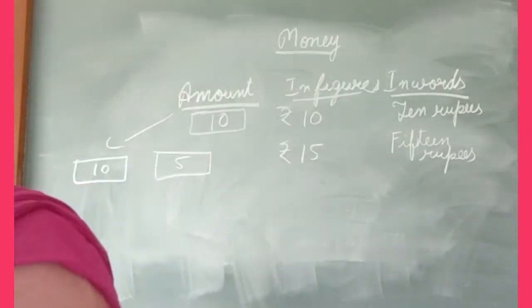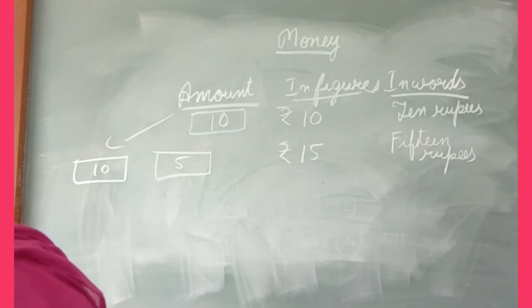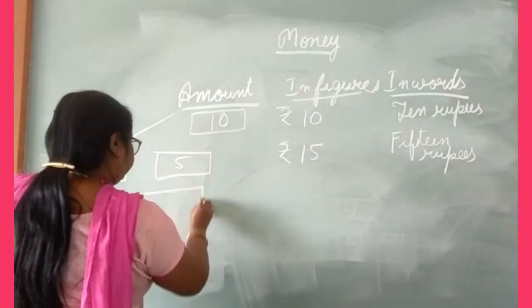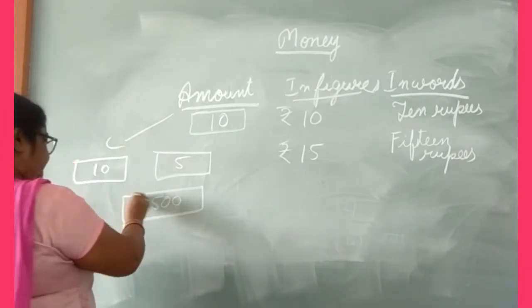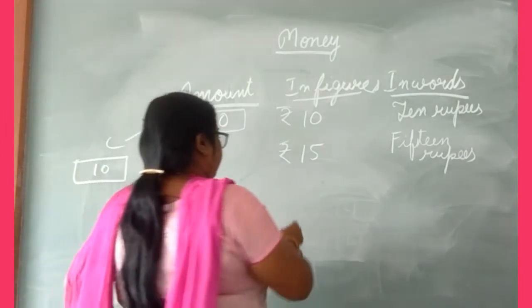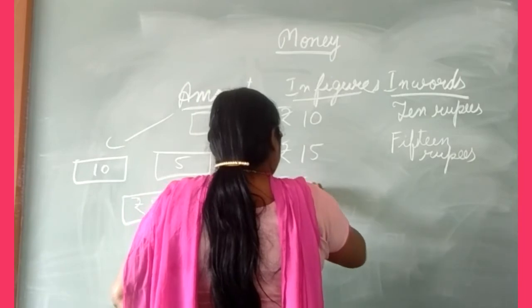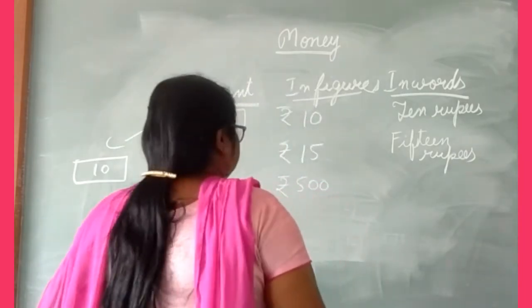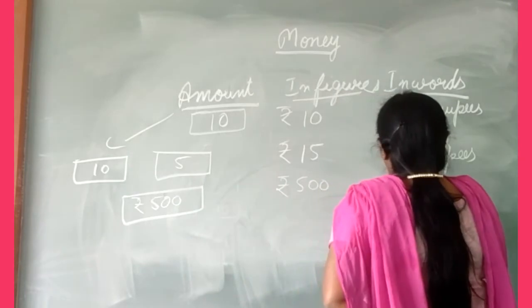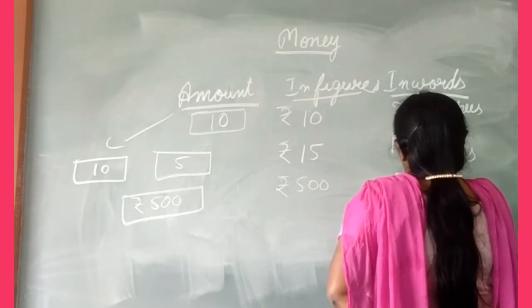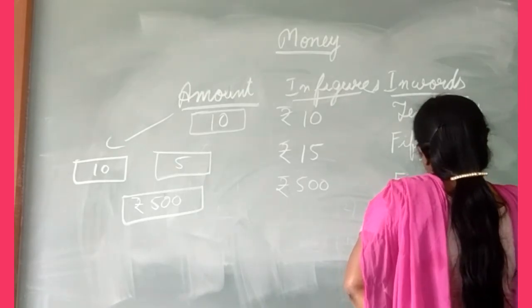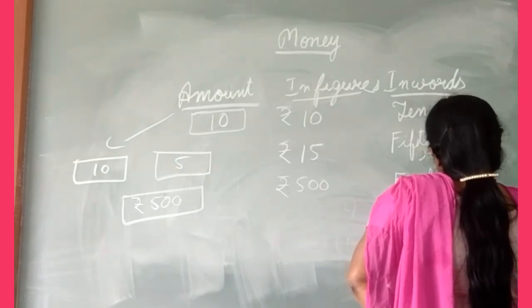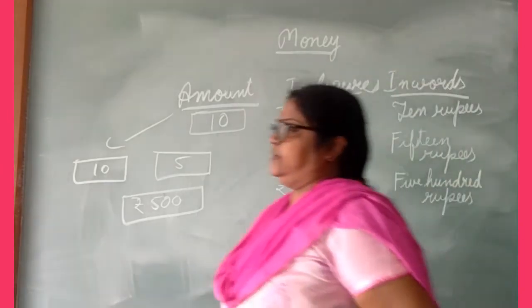Suppose you think that a 500 rupees note is here. What is this? A 500 rupees note. So what will you write here? Rupees 500. And in words you will write 500 rupees.